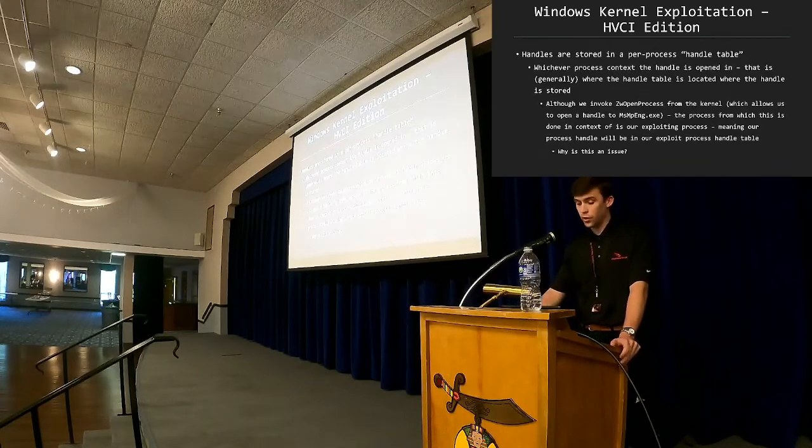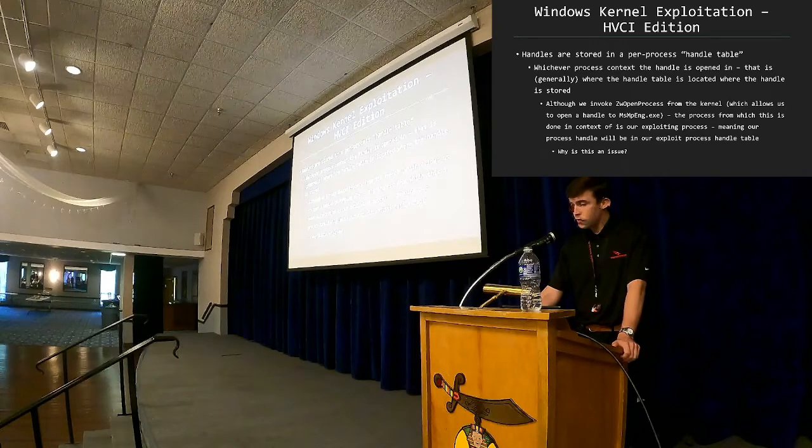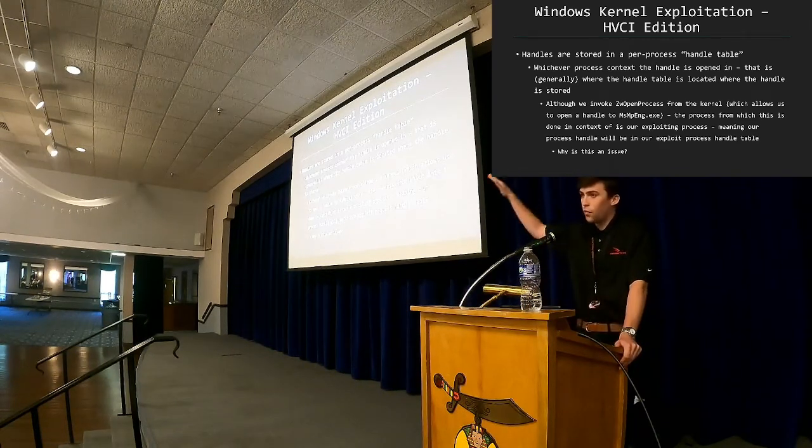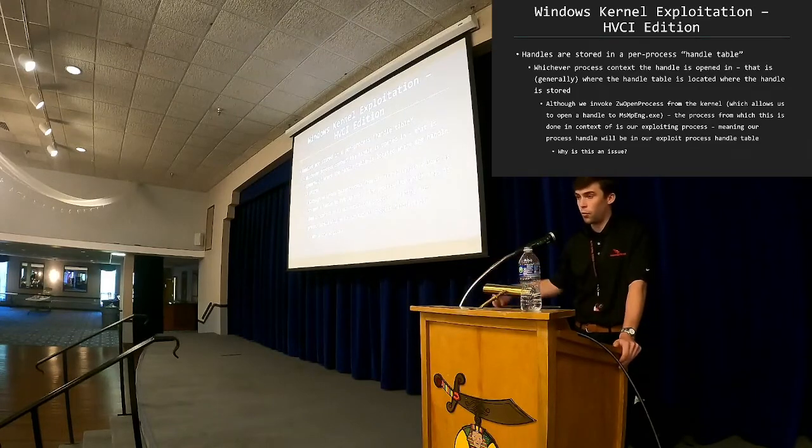It's actually two issues. The first being handles are stored in a per process handle table. So what that means is every time a handle is opened, that's managed by a table in your process. So our exploit process, let's say it's called exploit.exe, right? Well, that's got a handle table of all of the handles that are opened stemming from exploit.exe.